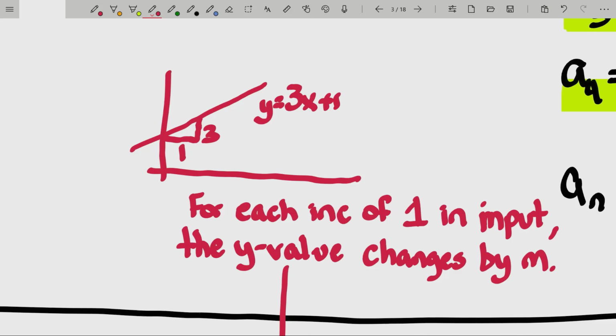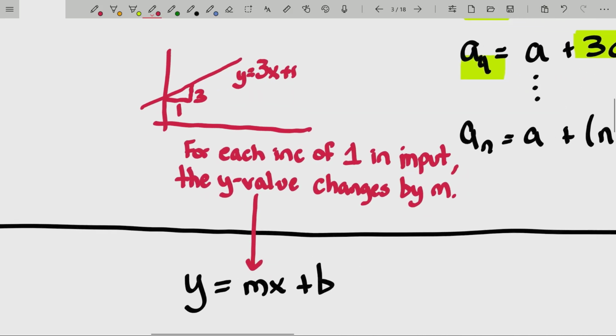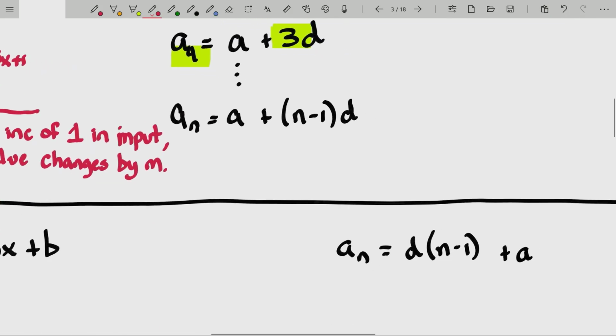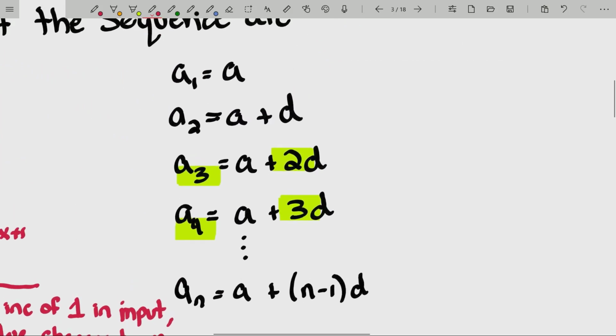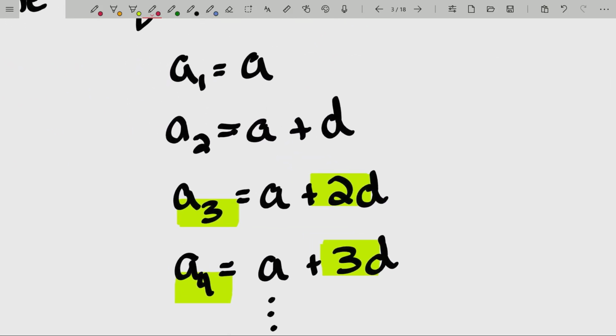So the run was 1, the rise is 3 because that's the slope. So therefore, it does confirm that. And if you look over here, for each increase of 1 in input, from the number 1 to the number 2, our output is increasing by d. So it's a very similar concept.